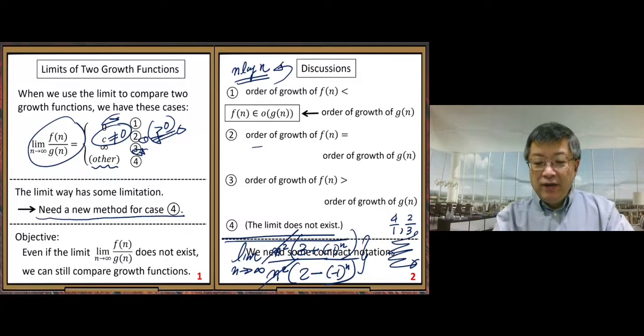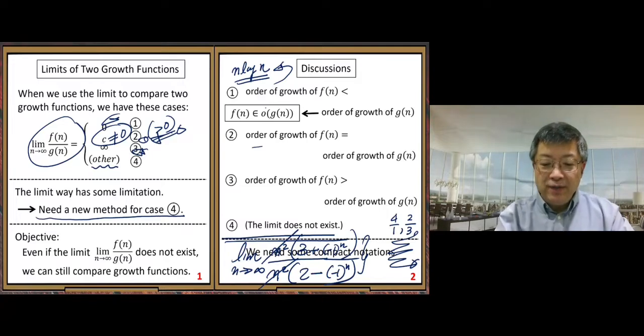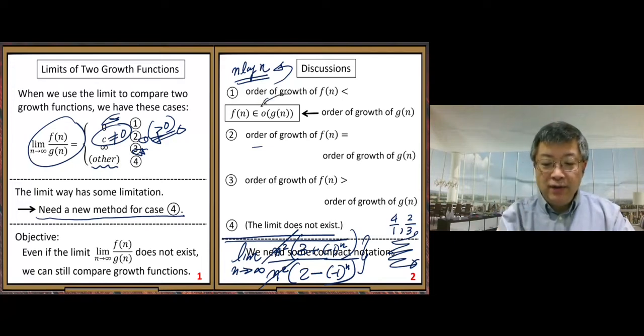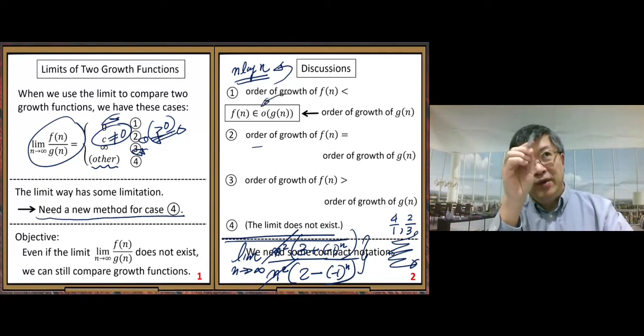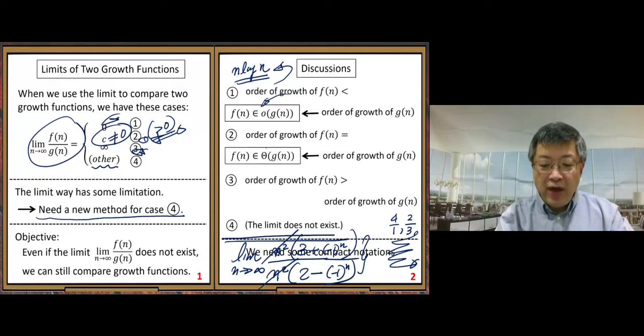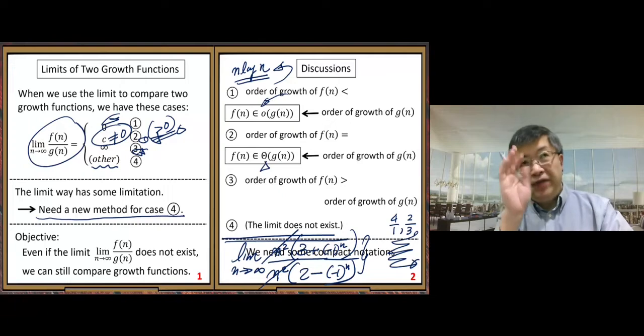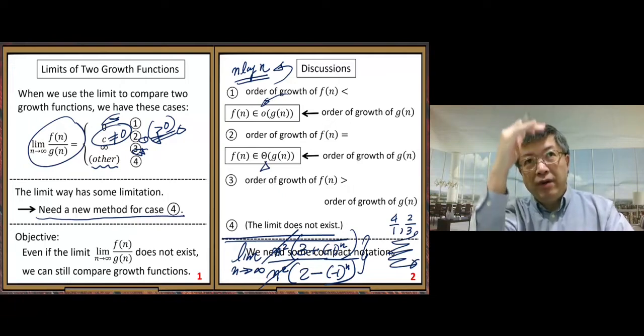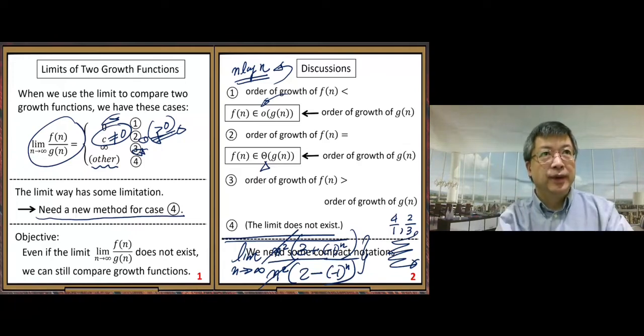For this case, we use little o: f has smaller growth order, and the limit equals 0. This case, we use big theta, when they have the same growth order.